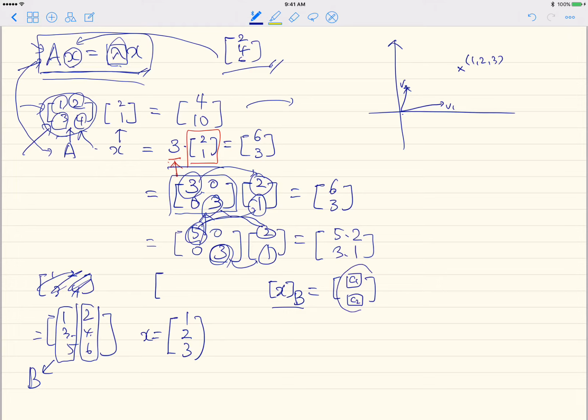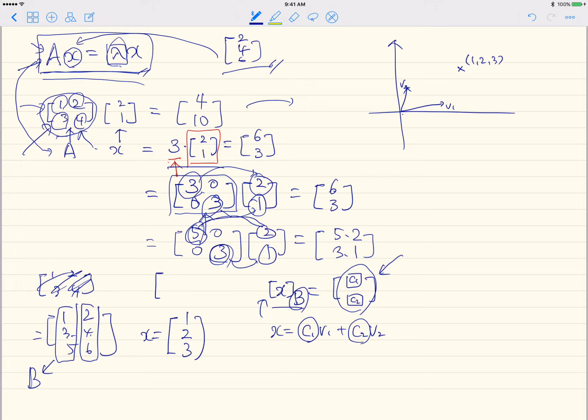The C1 and C2 that we are trying to obtain come from here: x should be represented as a linear combination of V1 and V2 with the coefficients C1 and C2. And that C1 and C2 will form your coordinate vector with respect to this basis B.